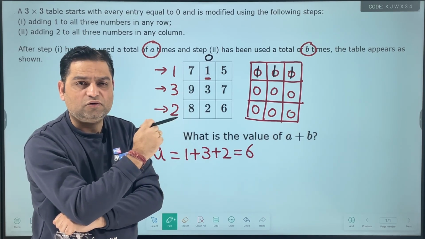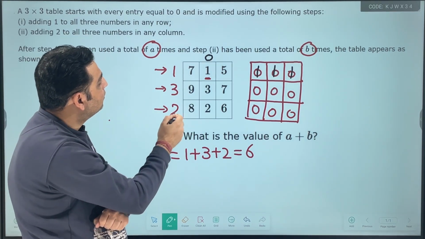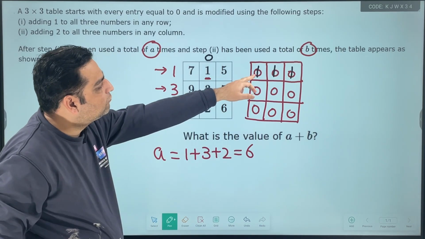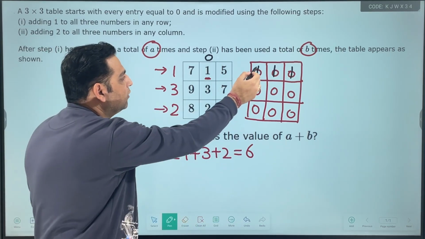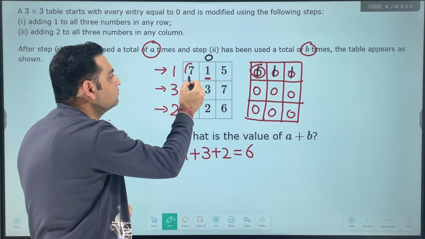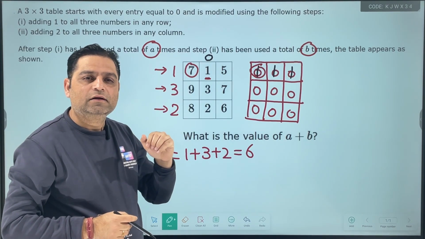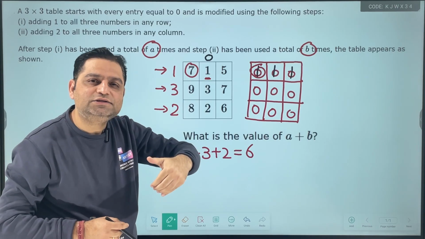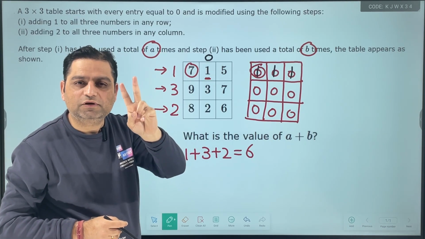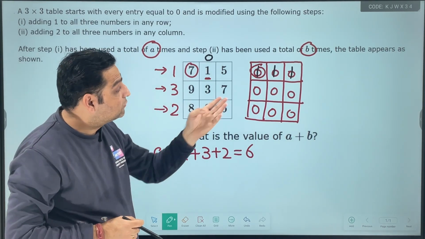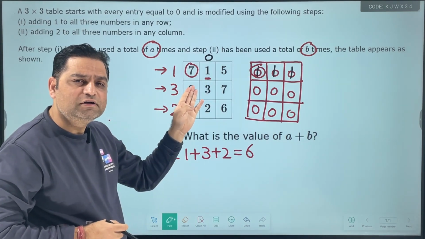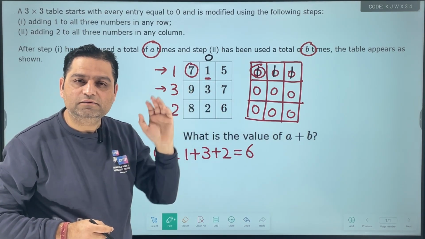Now let us focus on the columns. I check the first column. I am having 1 here. Now 1 is becoming 7. If once we make any change in the column, we add 2. But here 1 is becoming 7, which means 6 is added.